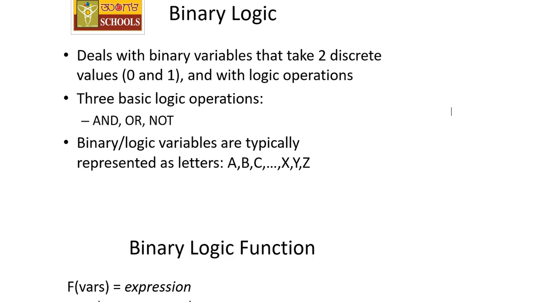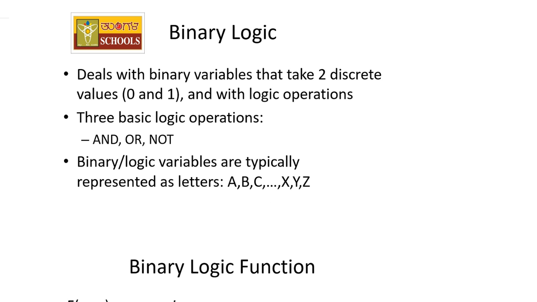Because the name itself tells us that binary means two, so it operates on two discrete values. Here the discrete values are only the binary numbers, as you know, 0 and 1, right?